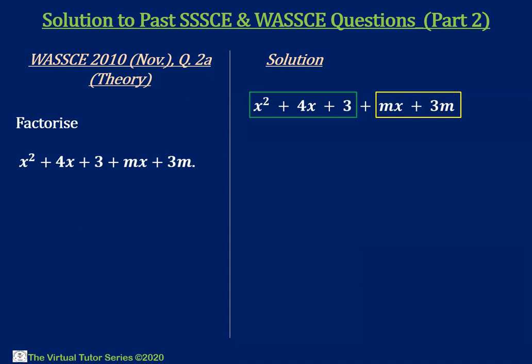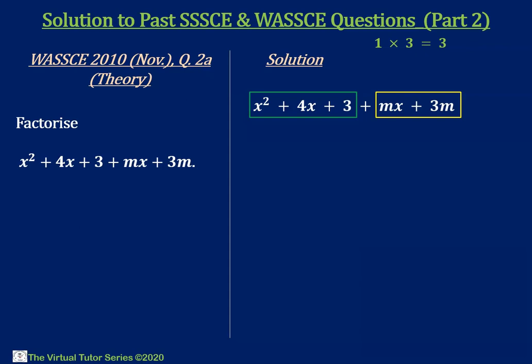We will factorize the quadratic expression by first finding two factors of the product of the coefficient of x squared and the constant term, which sum up to the coefficient of x. The product is 1 times 3, which is 3.